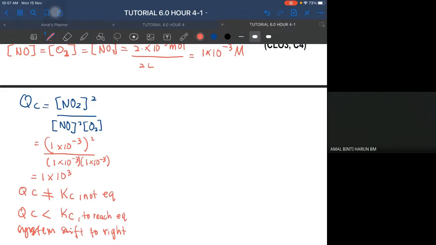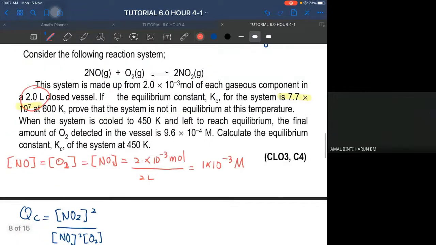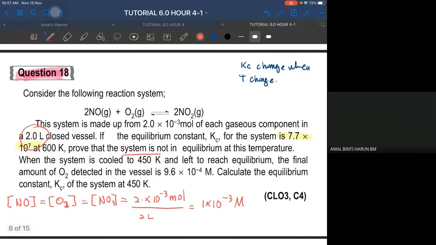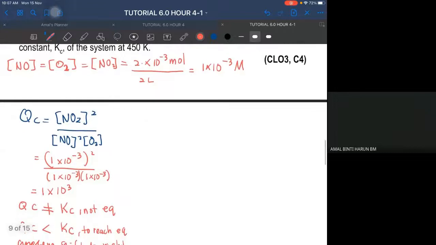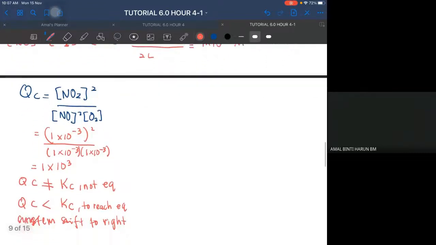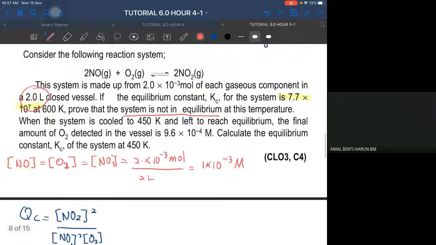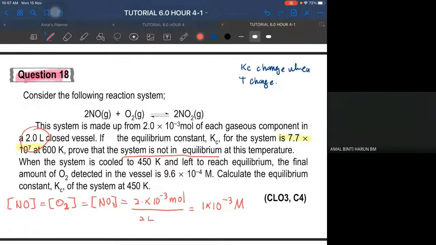Okay dah. Jadi kita telah menjawab persoalan pertama. Adakah sistem ni at equilibrium? Yes, it is not at equilibrium because Qc not equal to Kc. And to reach equilibrium, it will shift to the right. Okay, settle. Kemudian bila disejukkan, ubah temperature, of course K akan berubah.